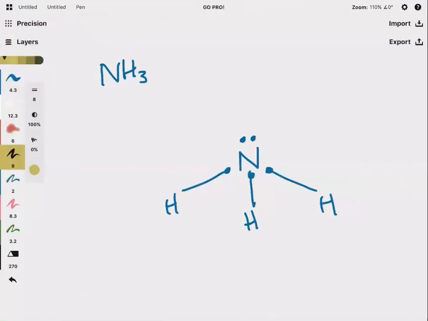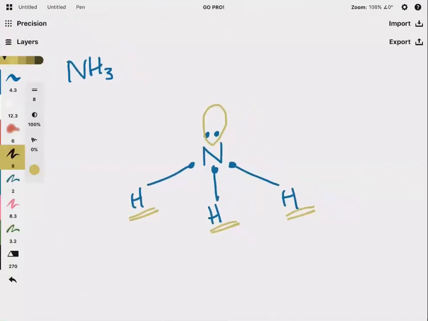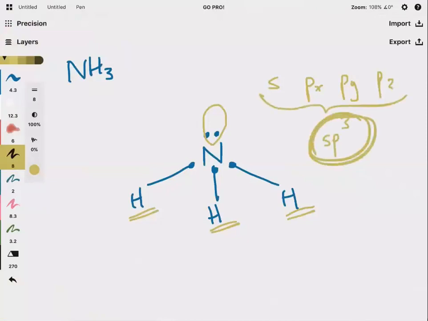The nitrogen thinks that it's bonded to one thing, two things, three things, and it thinks its lone pair is like another atom, so 4 things. So that nitrogen in its little nitrogen brain thinks it's bonded to 4 things, so it is going to need to select 4 orbitals to kind of squish together to make a new hybridized orbital. So it'll need its S, then one P, another P, and another P. It'll squish them all together for an sp3 orbital, brand new orbital.